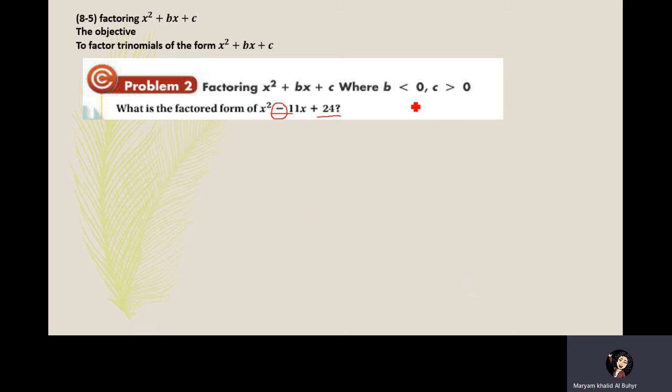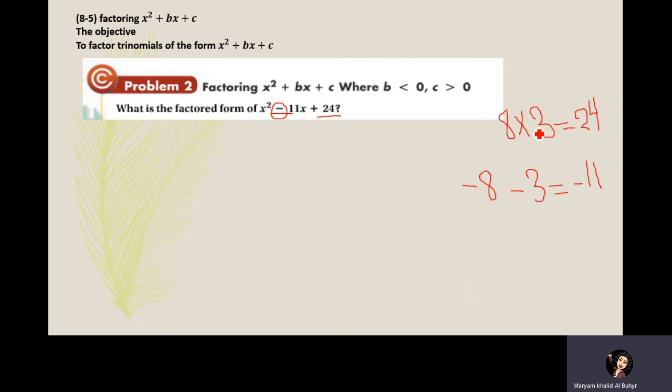If we think about 8 times 3, we will get 24. But keep in mind, we want to have negative 11. How can we get negative 11 and still have this positive? The problem here is the sign. Can I say negative 8 minus 3 will give me negative 11? That's what I need.